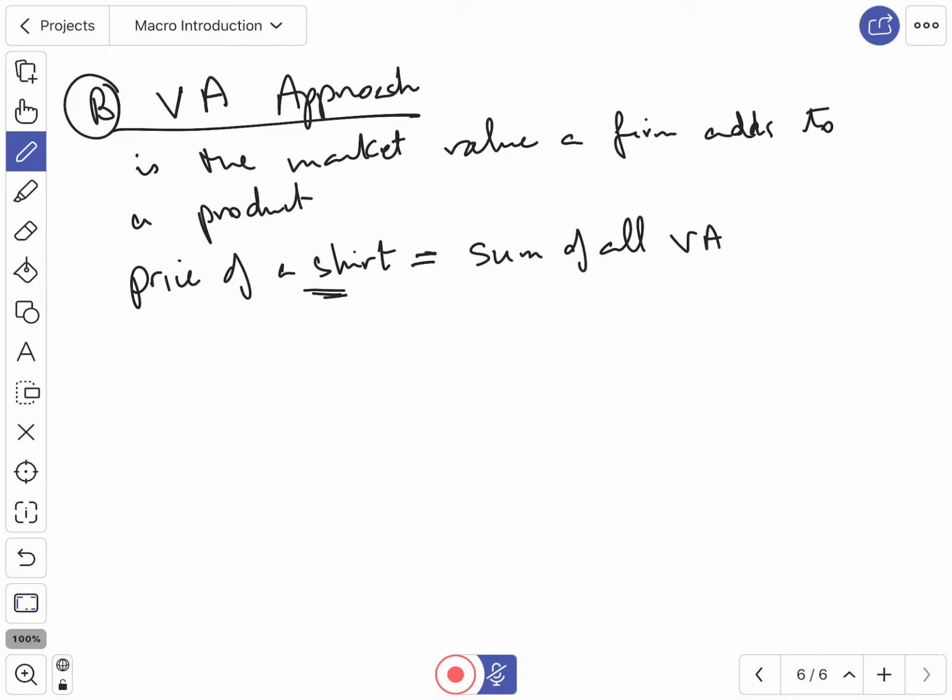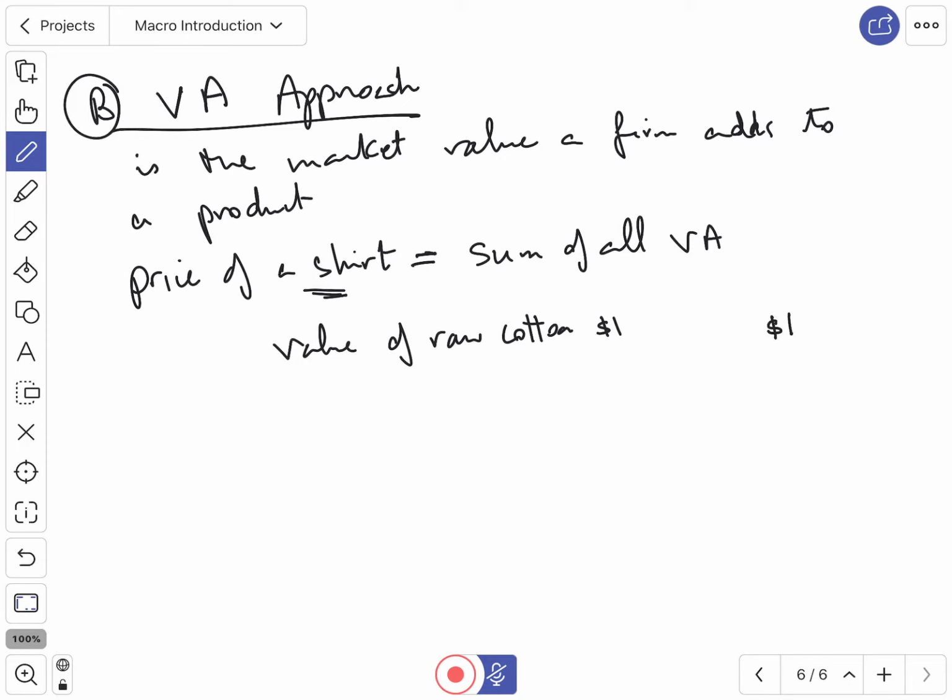Okay, so let's say you think about it this way. What is the value of the first stage of production, which is raw cotton? Okay, and now the raw cotton was equal to $1. Okay, so the value added here, the price is just $1.